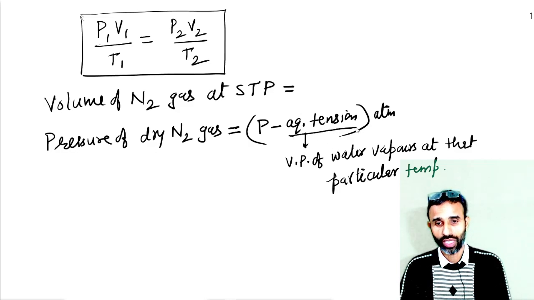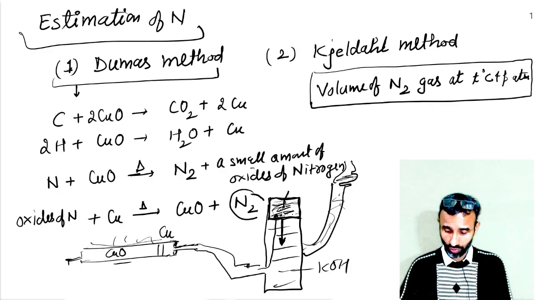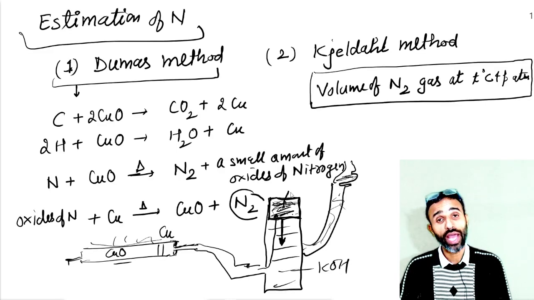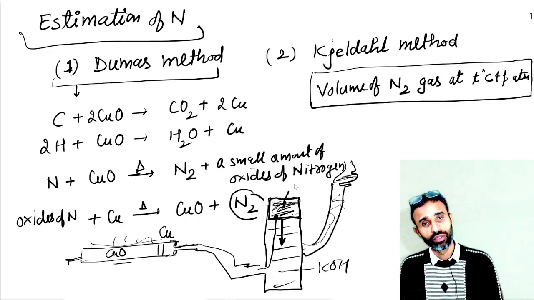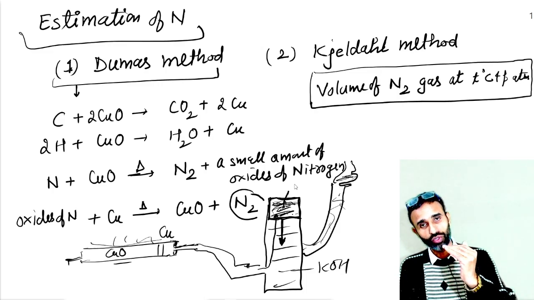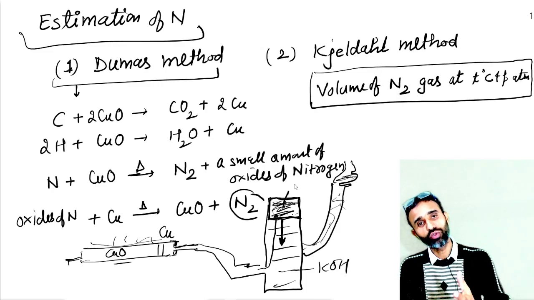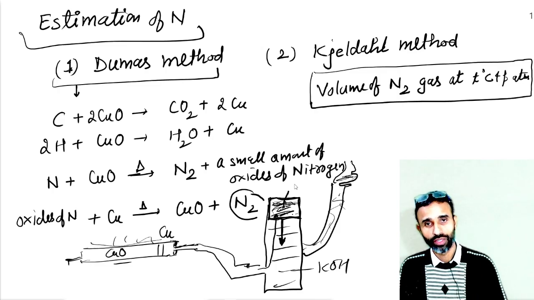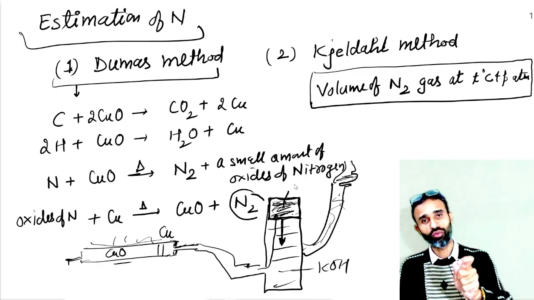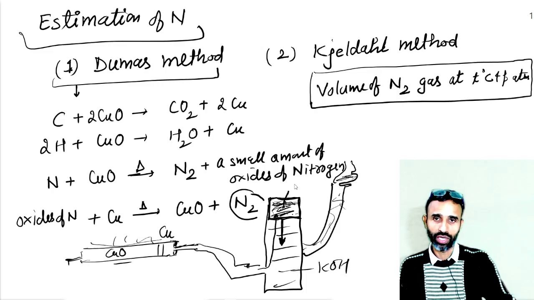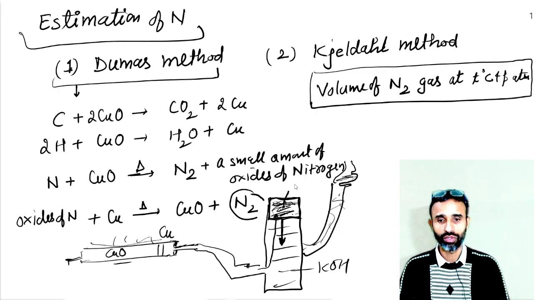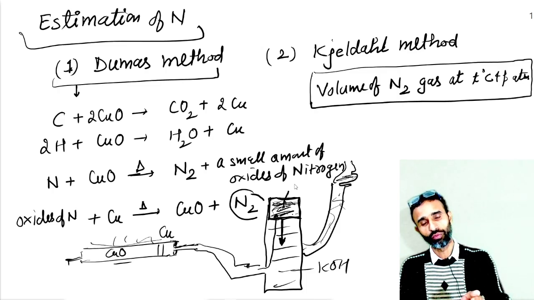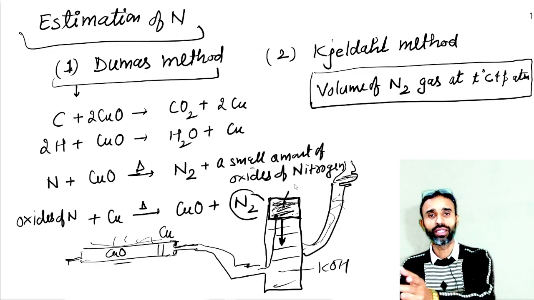So this aqueous tension should be subtracted from total pressure, because when you have a gas above aqueous KOH, nitrogen, there is a pressure due to nitrogen gas as well as due to water vapors. You can calculate aqueous tension at a particular temperature that is fixed. We can take it from the literature, even Google it: what is the vapor pressure of water at this particular temperature.